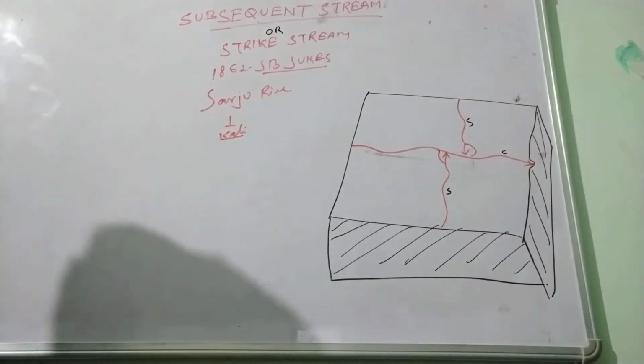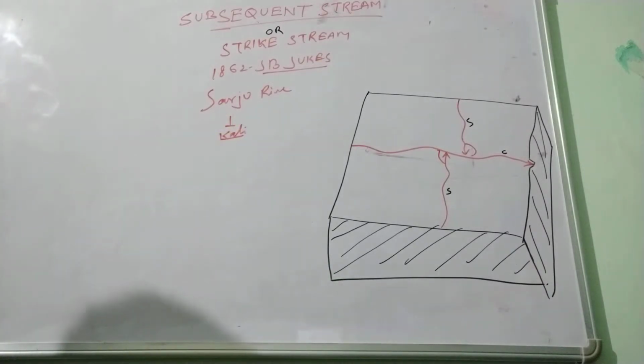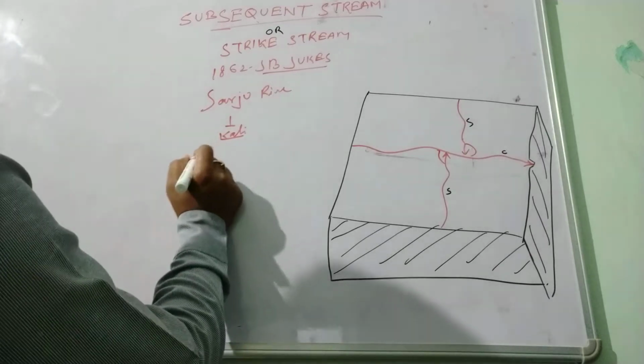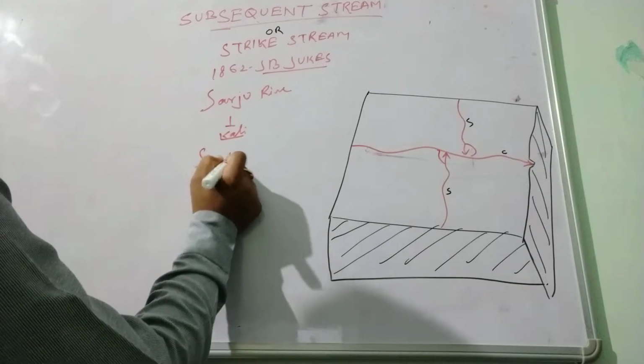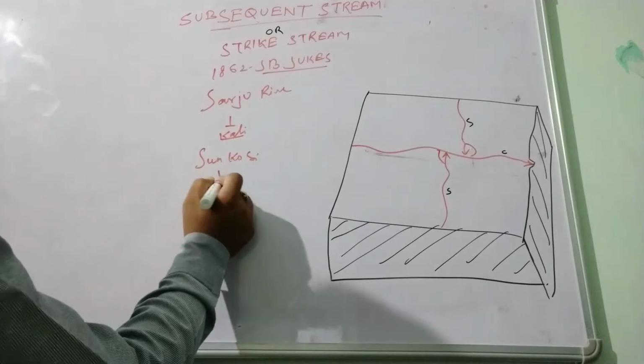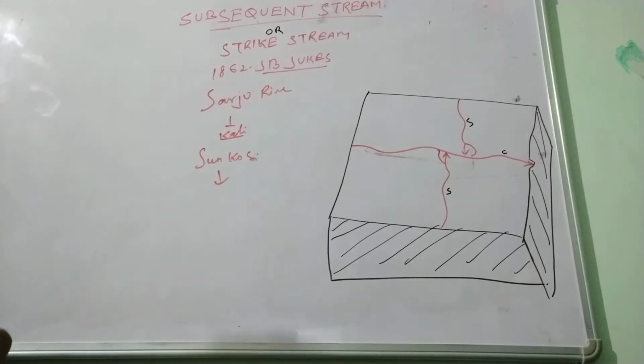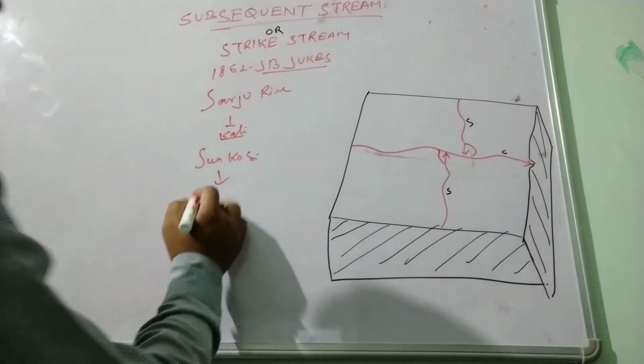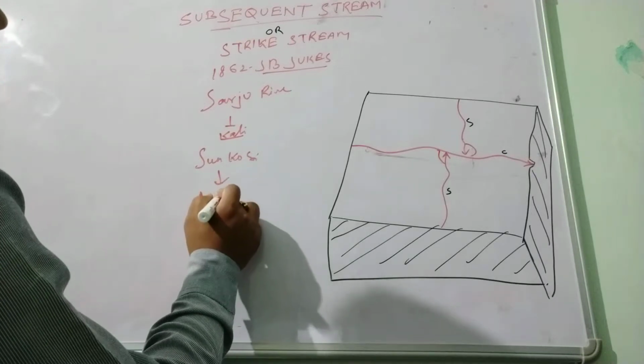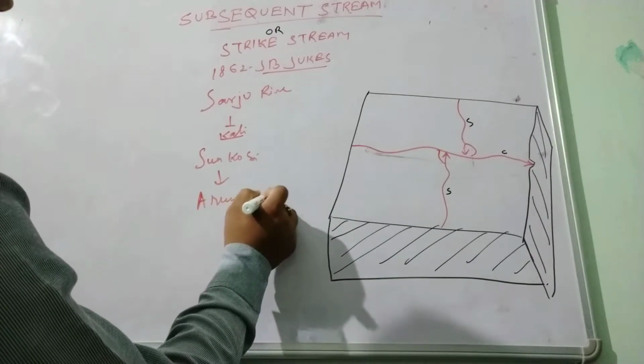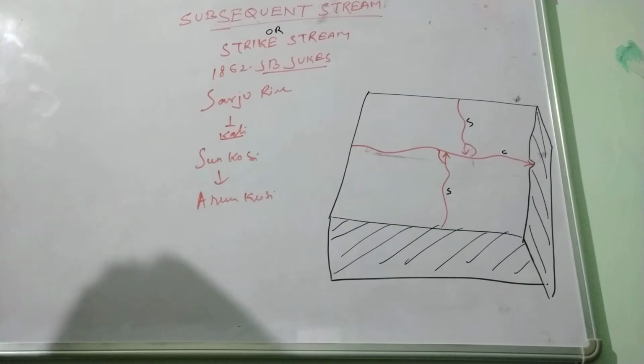Another example is the Shankushi, which joins the west of the Arunkoshi, and is a good example of a subsequent stream.